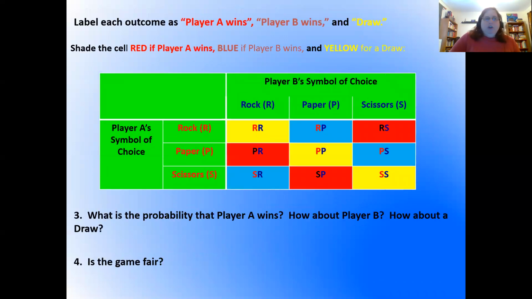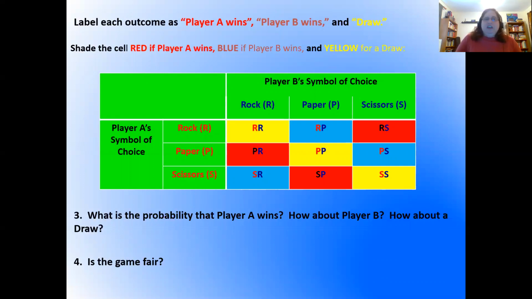Now what we're going to do is label each outcome as either player A wins, player B wins, or draw. If player A wins, we'll shade the cell red. If player B wins, we'll shade the cell blue. And we'll use yellow for a draw. We can see that this actually works if we look at a couple of the cells.